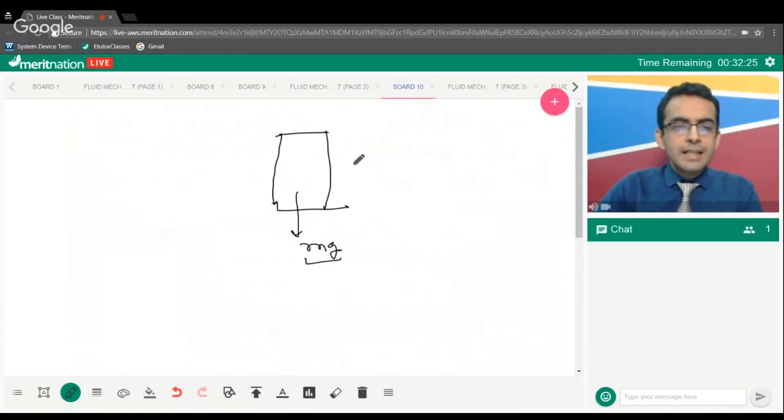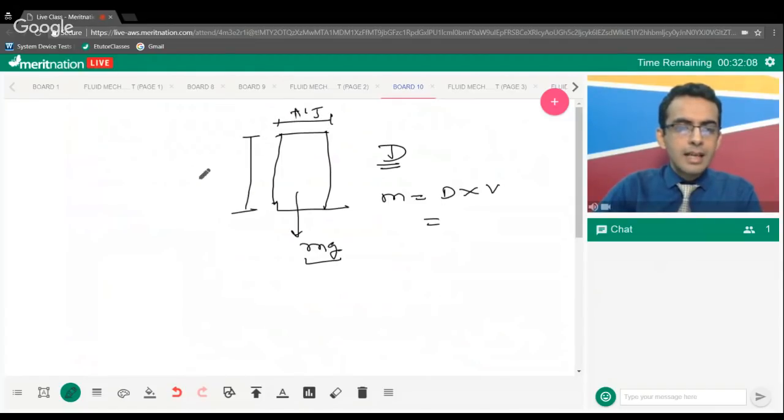So if the density of this solid cylinder is capital D, we can say mass is equal to density multiplied by volume. And what is the volume of that? It's given that the area of cross section is A by 5 and the length is capital L. So D multiplied by A by 5 into capital L. So this is the mass.